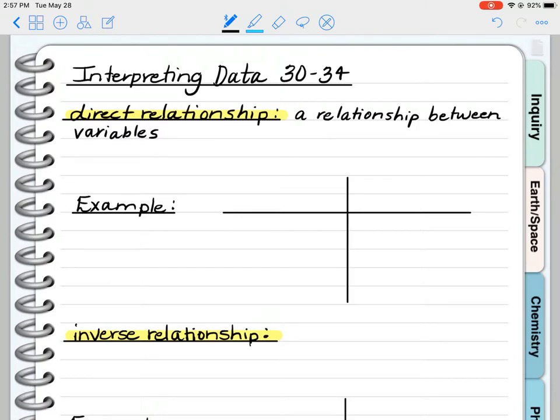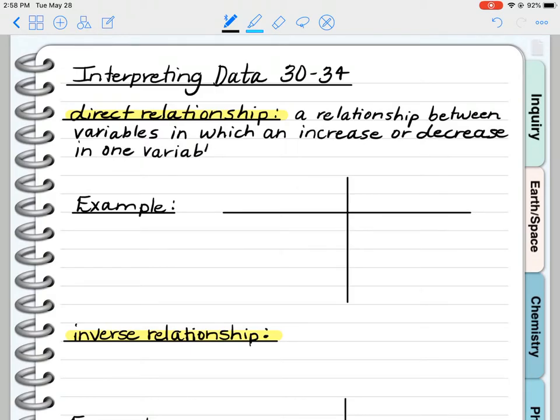Remember, variable is something that changes, in which an increase or decrease in one variable causes the same change in the other.